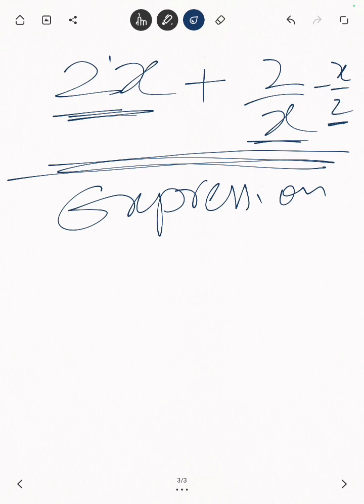Okay, after learning all this, coming to the definition of algebra.